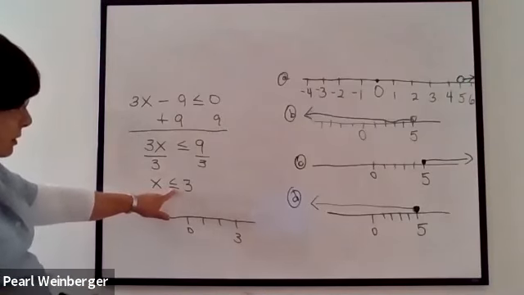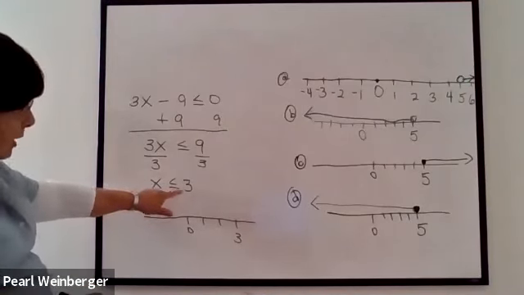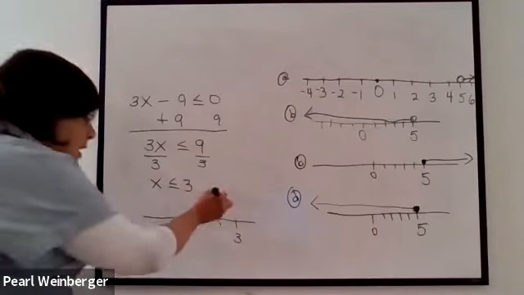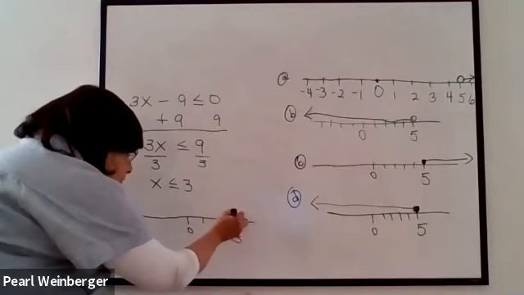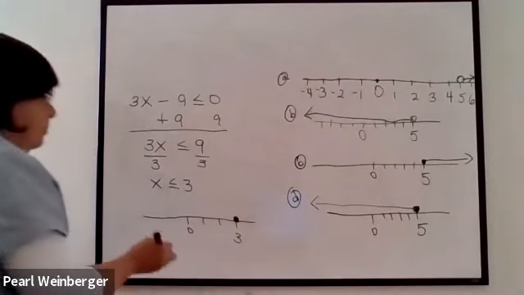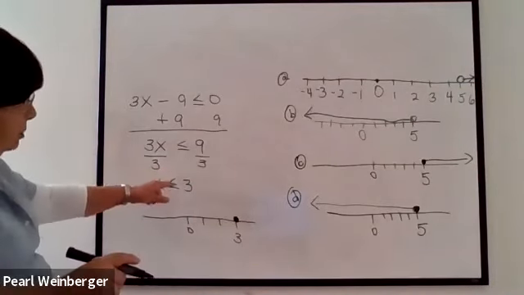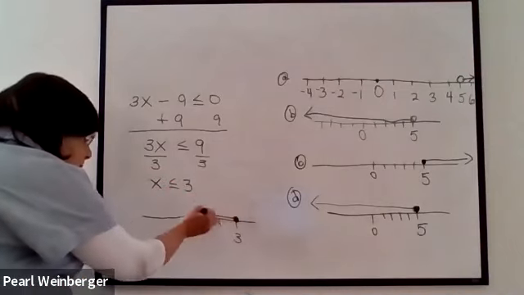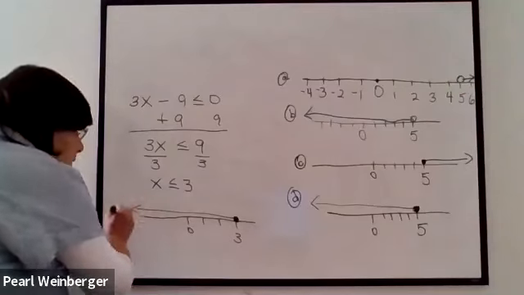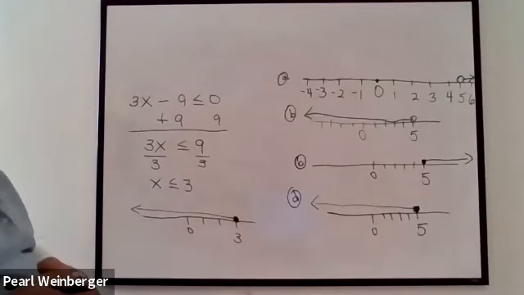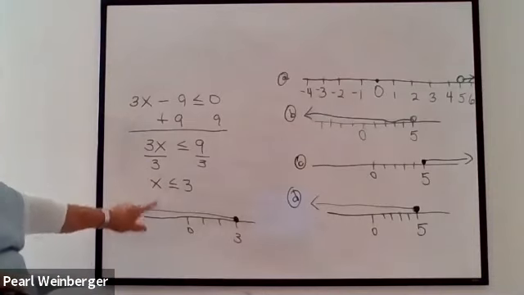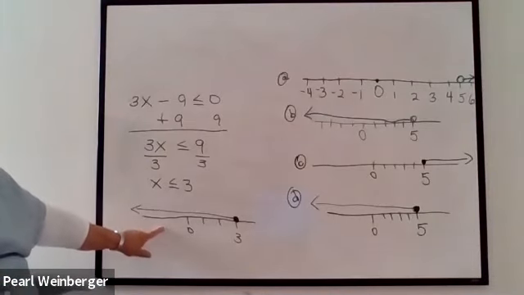It says less than or equal to. As soon as I see this extra little line, this equal sign, I know at the 3 I have to fill in the circle. And since this looks like an arrow pointing to the left, from this 3, I make an arrow going to the left. So this is the answer as an inequality, and this is the answer on the number line.